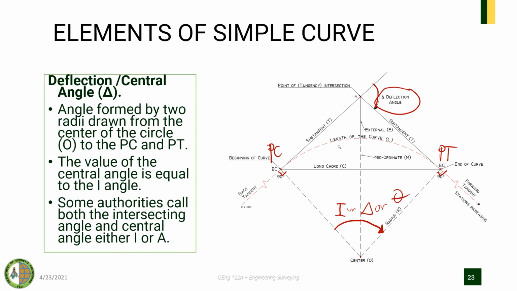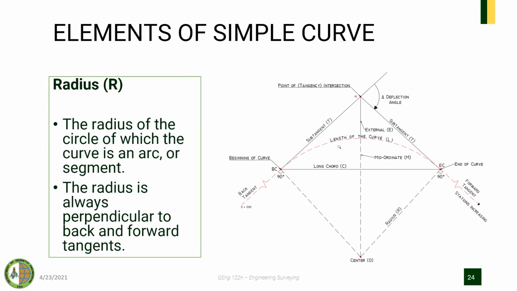For the radius we have this one: the radius of the circle of which the curve is an arc or segment. The radius is always perpendicular to the back and forward tangents as shown here. So it is always perpendicular.